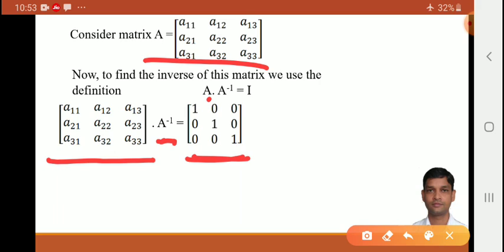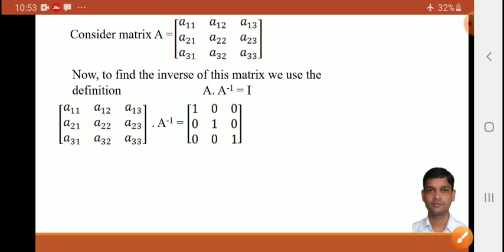Now to find this matrix A raised to minus 1, we have to make use of row transformations and or column transformations. Okay, what are the row transformations? We have seen in previous lectures.